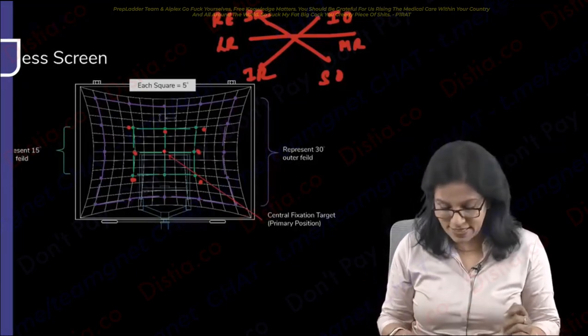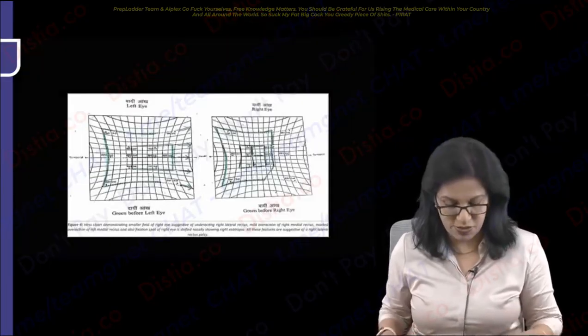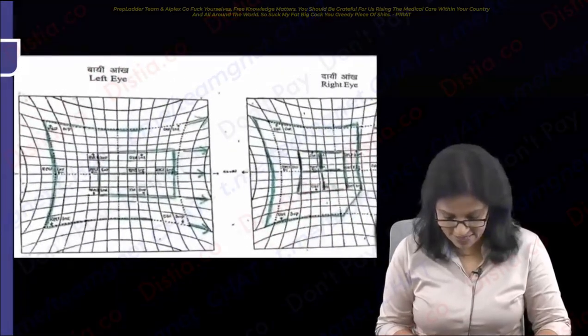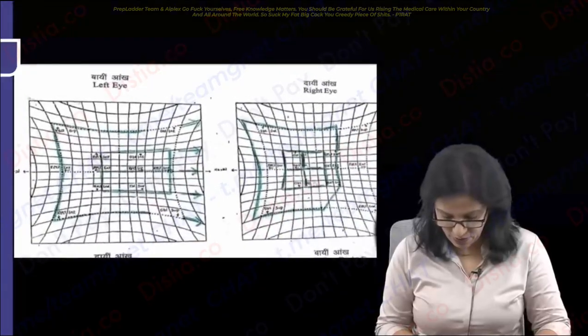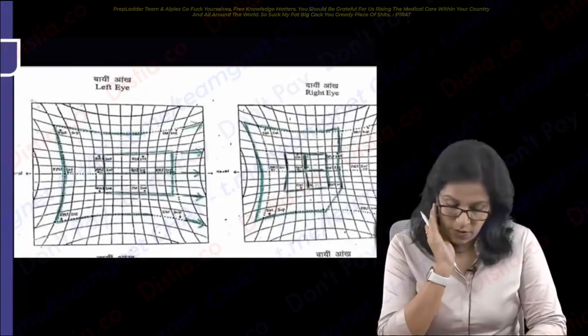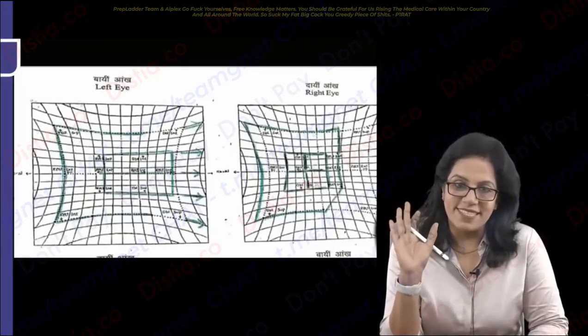What can be the findings? This is depicted somewhere like this. Suppose we take an example of this condition. What do you see in this condition here? Whatever small is written, labeled, is nothing but the name of the muscles.